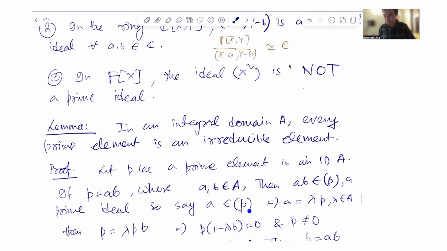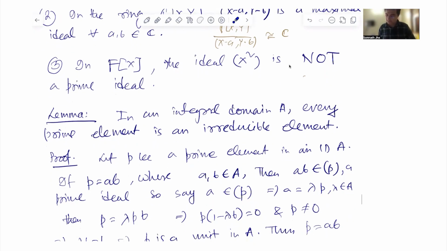So what does it mean? A belongs to the ideal means A equals some lambda times P, where lambda is in A, or B equals some mu times P, where mu is in A. So let's say the first one happens; the proof is similar.